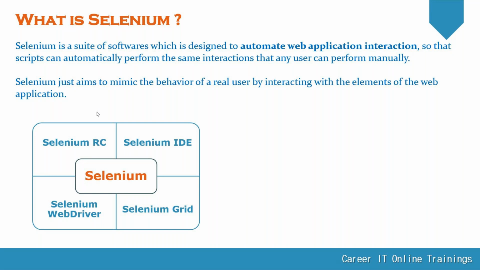So from the start of Selenium until now, we have these different versions. Initially, Selenium IDE, which stands for Selenium integrated development environment, is a simple add-on. There is no need of installing or running software.